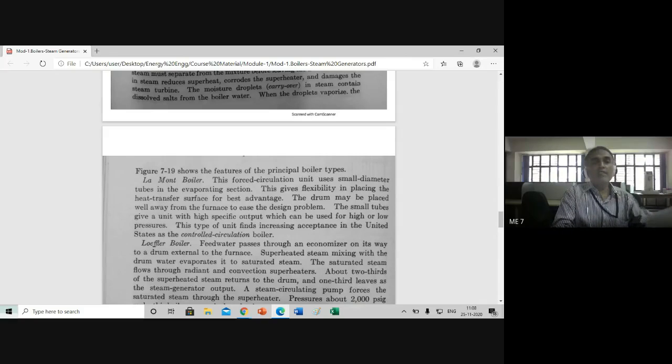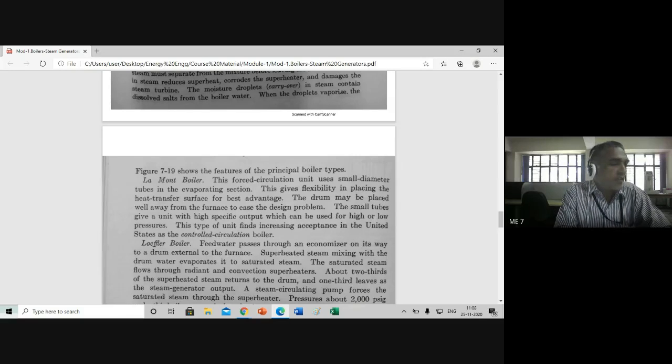In the advanced designs of the boiler, the features that make these units different include forced circulation.